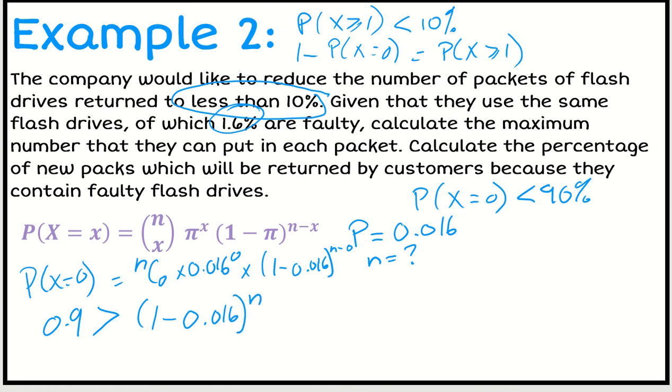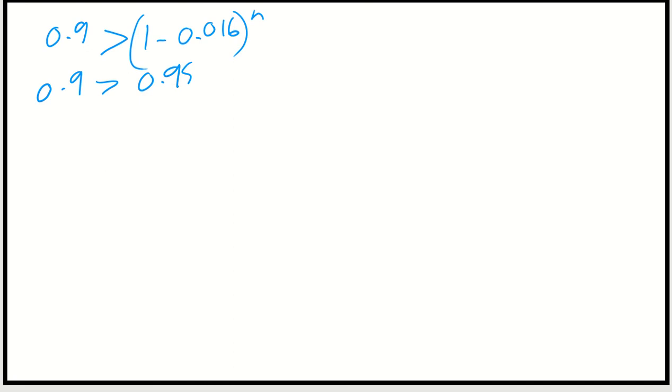Now let's just move over to another slide and get some more space. So we're going to get 0.9 is greater than 1 minus 0.016 all to the power of n. That's where we're at. Okay, so let's simplify the number in brackets. 0.9 is greater than or equal to 0.984 to the power of n.